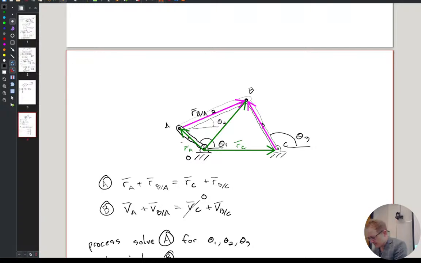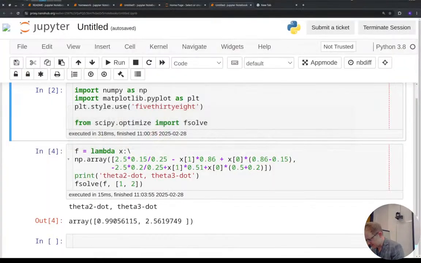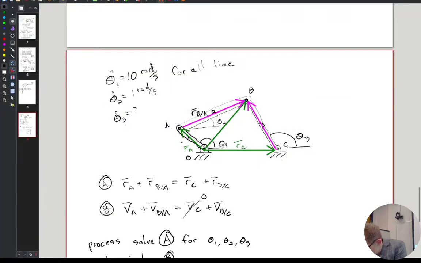So we figured out, we know theta 1 dot is 10 radians per second for all time. So theta 1 is always rotating about 1 revolution per second. What was that? 2.6? 2.6.